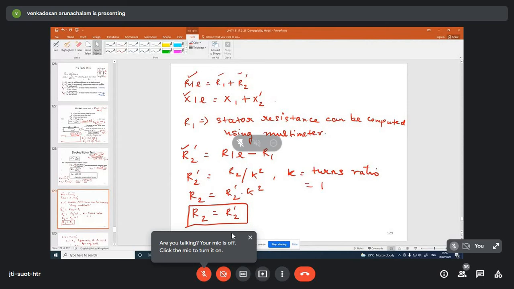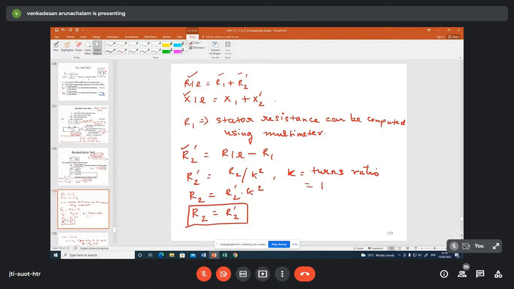Here R1 is the stator resistance, which can be computed using a multimeter. Simply by using the multimeter, you can measure the stator resistance. Once you know the value of the stator resistance, if you subtract it from the equivalent resistance R1E, you can get the rotor resistance referred to the stator, that is R2 dash. And R2 dash is nothing but R2 by K squared. Generally, K will be taken as 1.